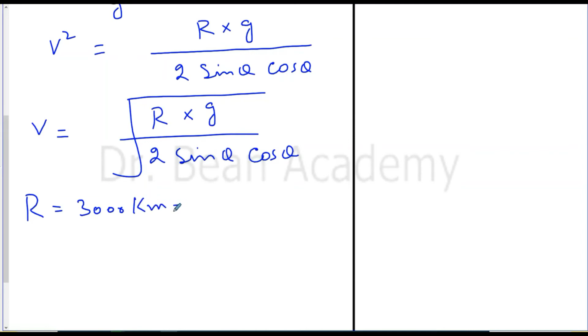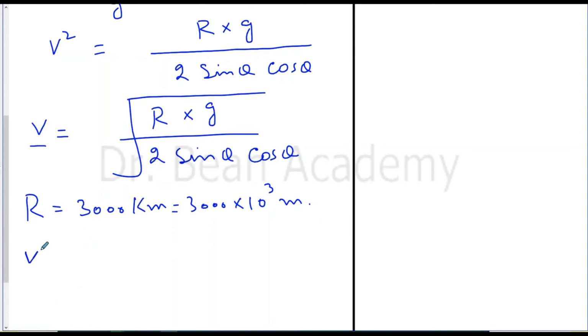The prefix k means you have a multiplier of 1000. So we need to multiply 3000 with 1000. So I can write it in scientific notation as 3 times 10 power 6 meters. So let's keep it in that form. And now I can insert the values into this equation to find the value of v.